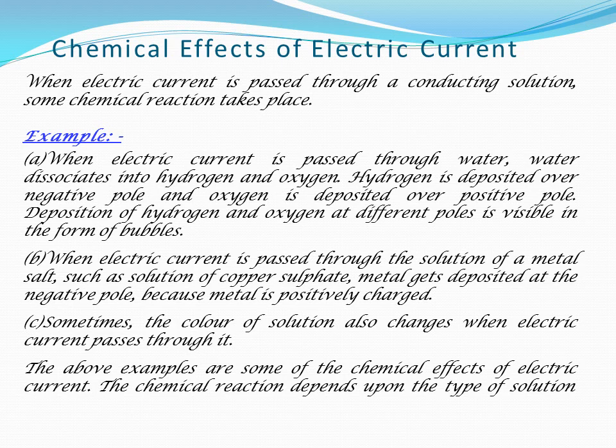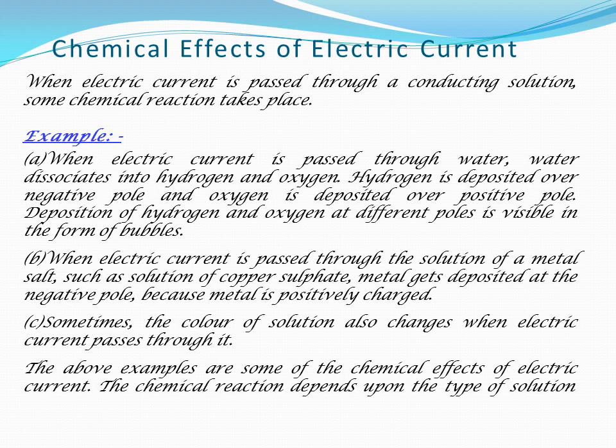Second, when electric current is passed through the solution of a metal salt such as copper sulfate, metal gets deposited at the negative pole because metal is positively charged. So we can divide copper sulfate in that case also.